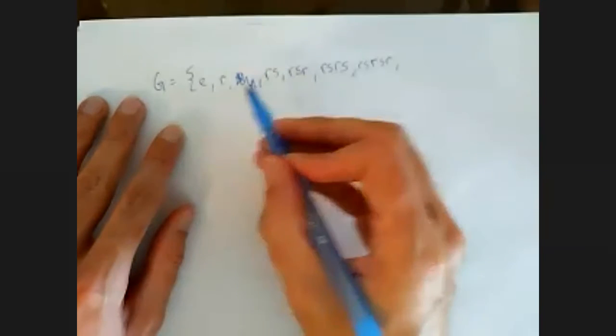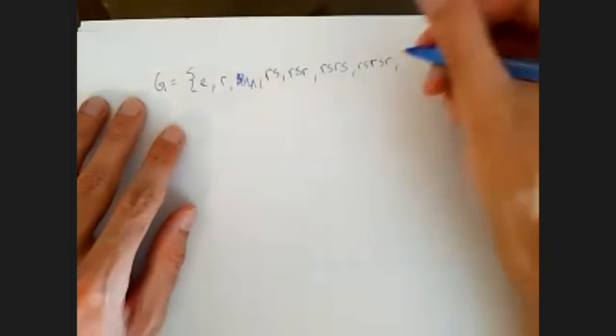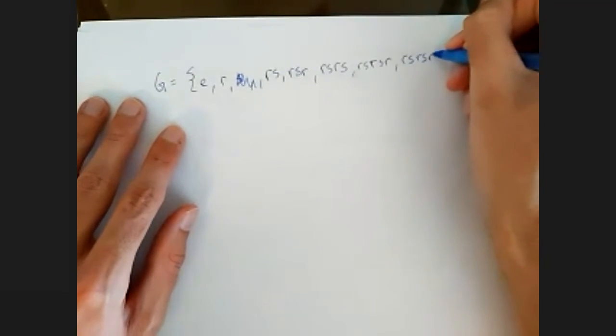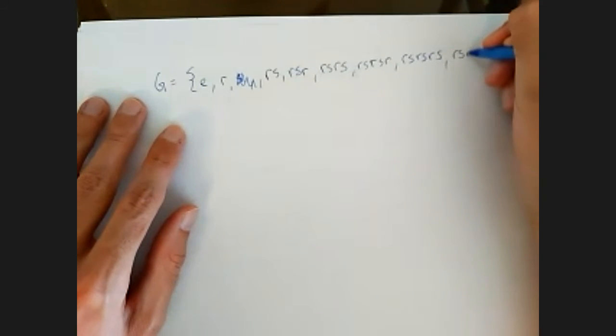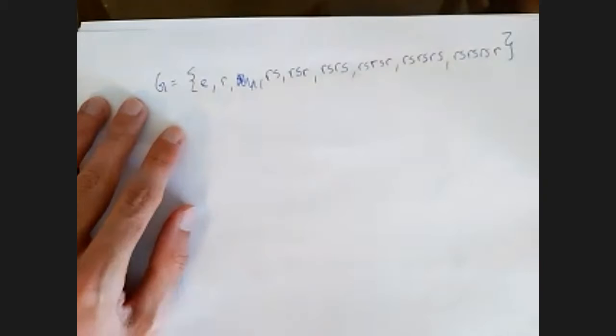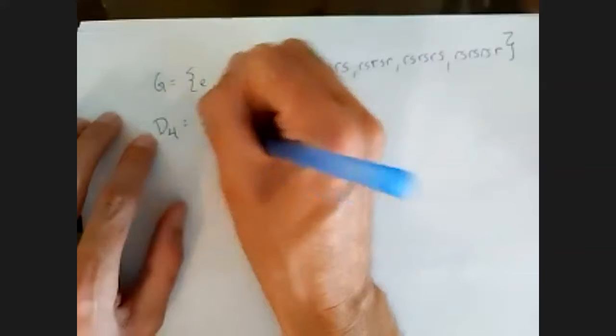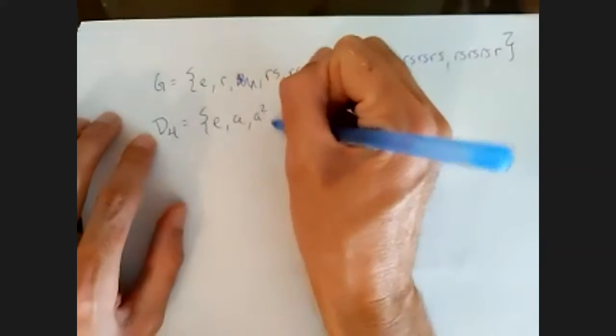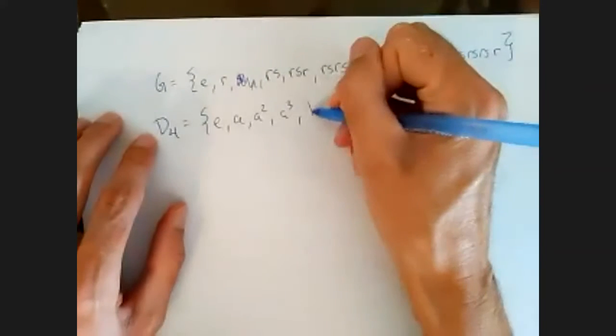So 1, 2, 3, 4, 5, 6. That's it. We have 8 things.